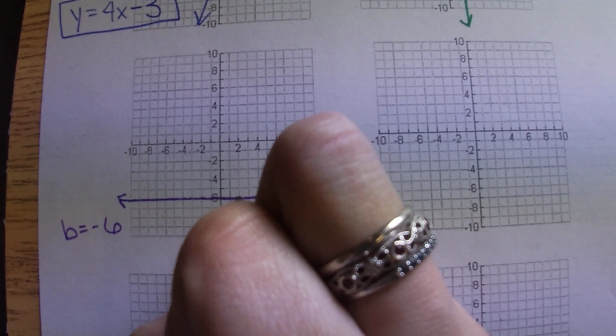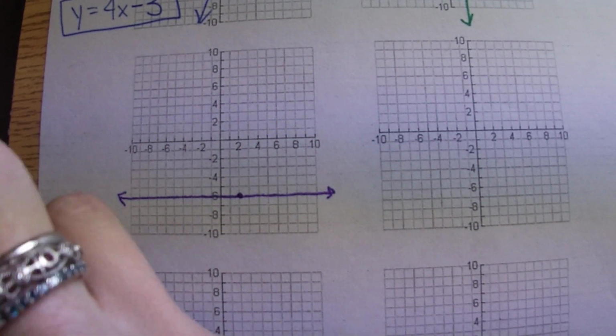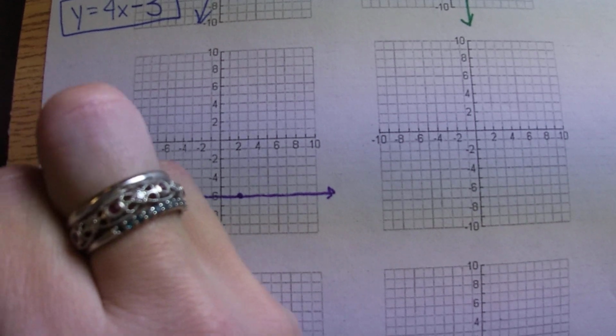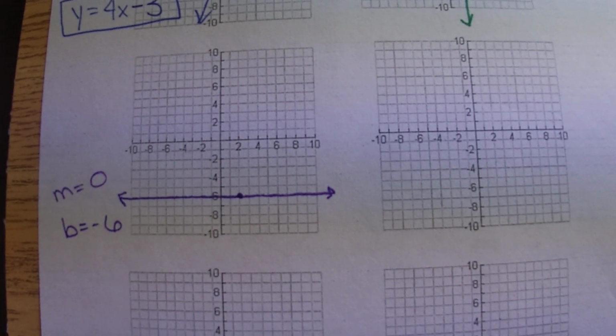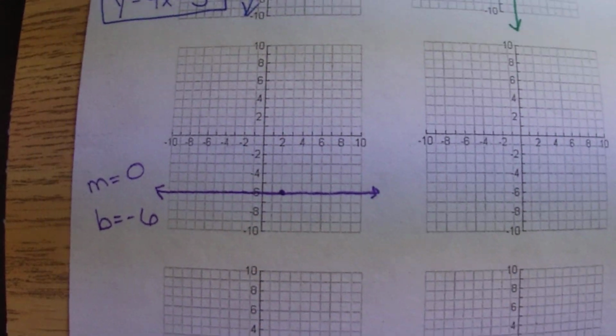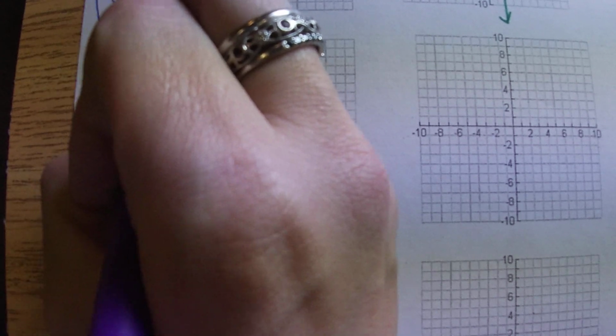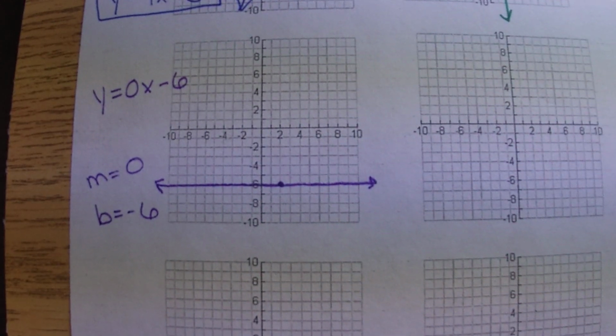And if I pick 2 points, I'm going up 0 over 2. So I know that's a slope of 0. And so therefore, I could plug this into slope-intercept form, and I could say y equals 0x minus 6. I mean, that would be a fine answer.